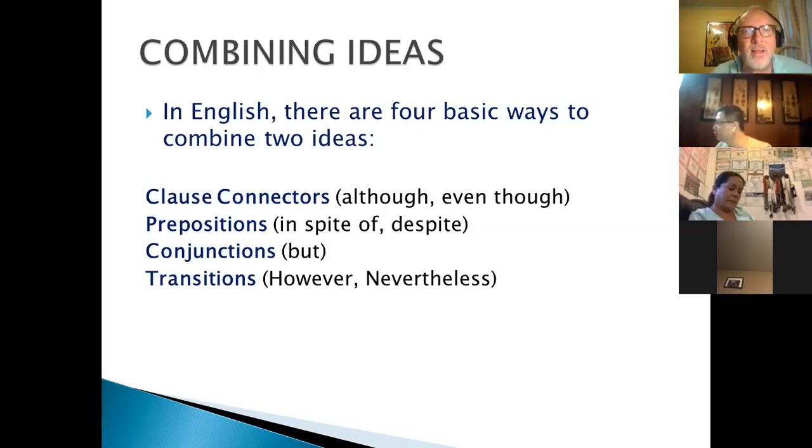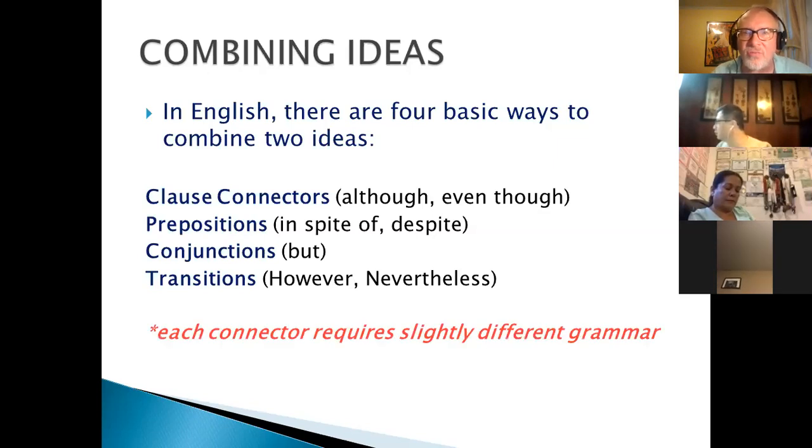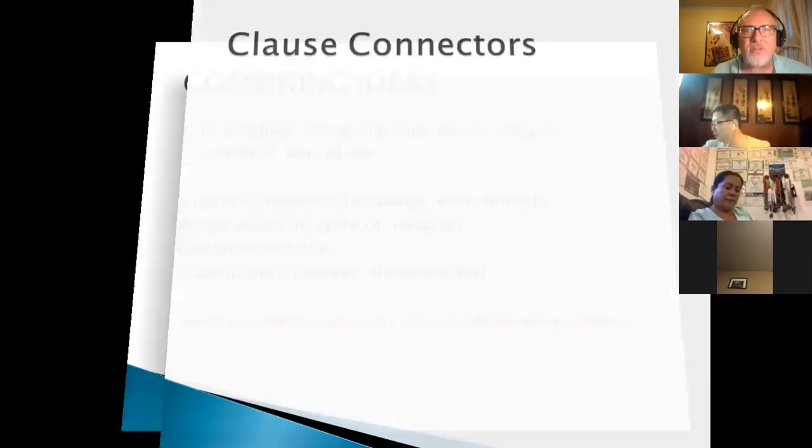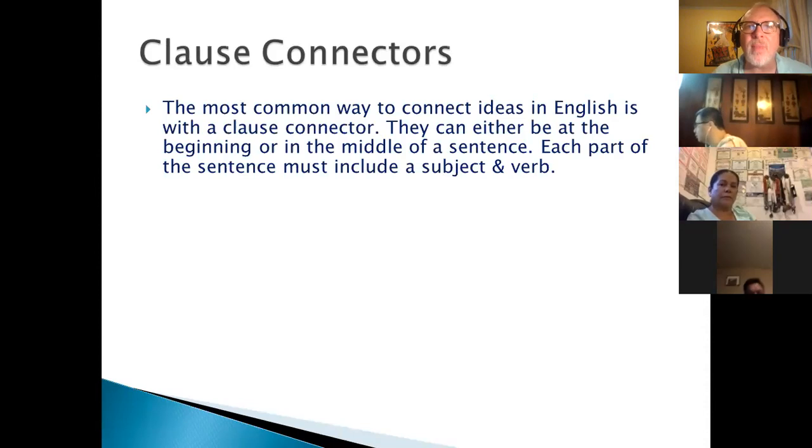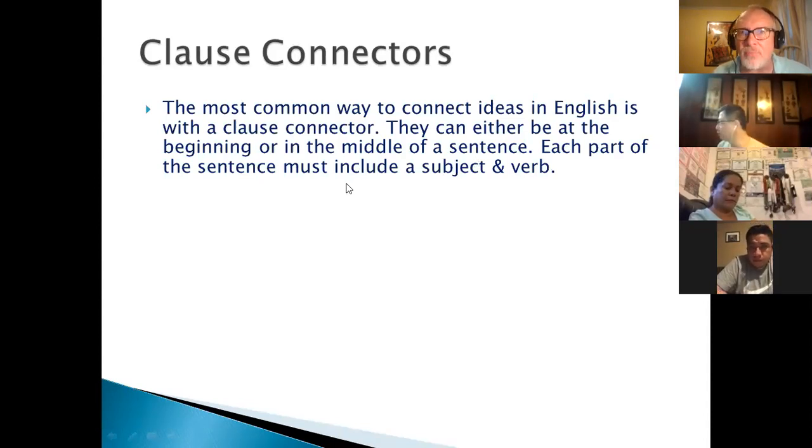All right? So let's look at these again. It's going to be exactly what I just had on the board a minute ago with the cause and effect. Each requires slightly different grammar. The meaning is the same. The grammar is different. Clause connectors, again, the most common. And how do I do it? I can put it at the beginning of the sentence or in the middle of the sentence, and each part of the sentence must include a subject and a verb.